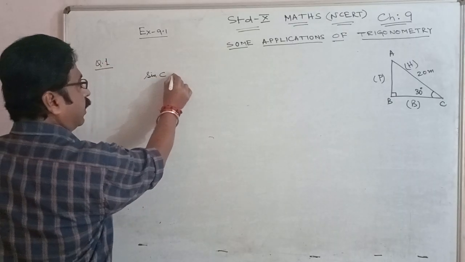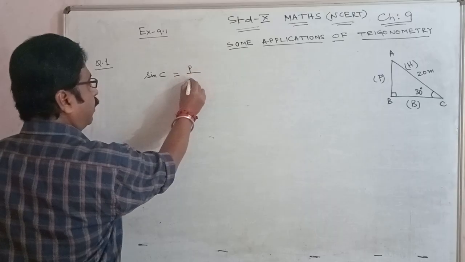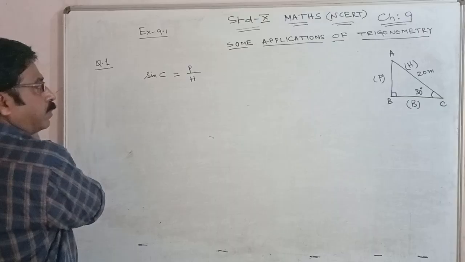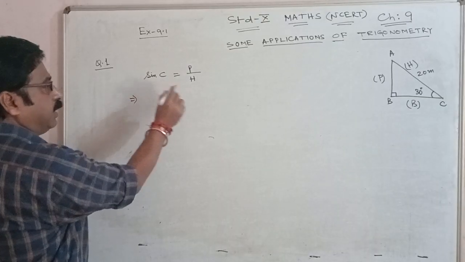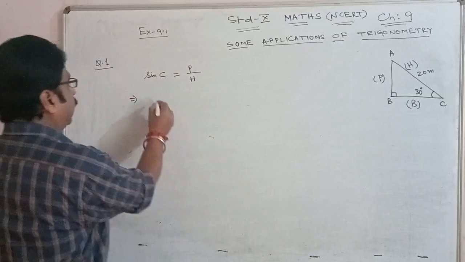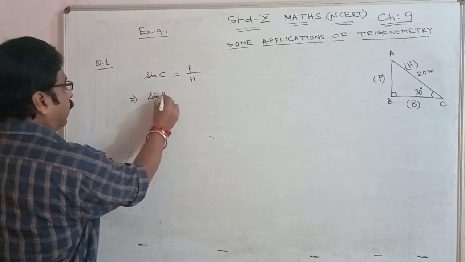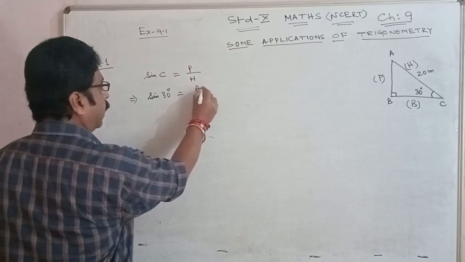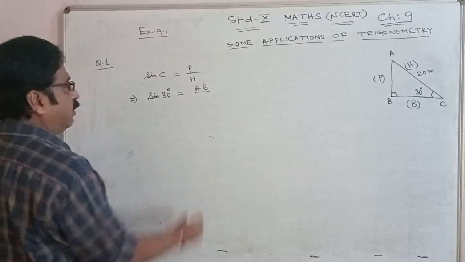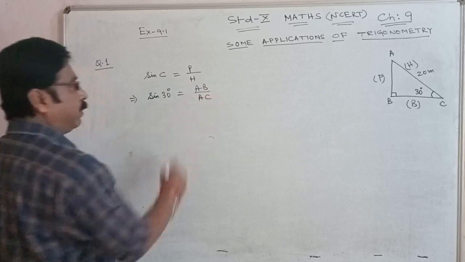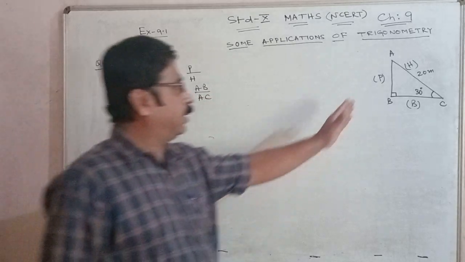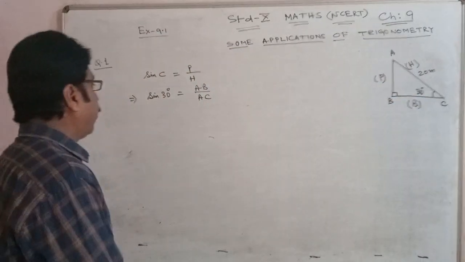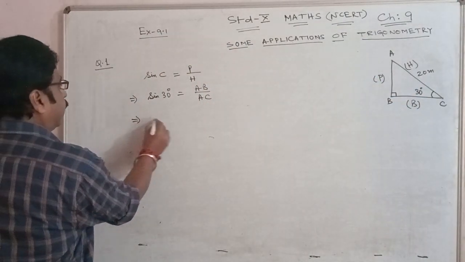Sine C equals perpendicular upon hypotenuse. Angle C is 30 degree. Sine 30 degree equals, perpendicular is AB, hypotenuse is AC. Now sine 30 is half.